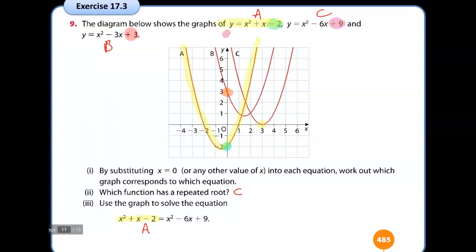The second one, x squared minus 6x plus 9, that's C as a function. And you can see C there. So when are they equal to each other?